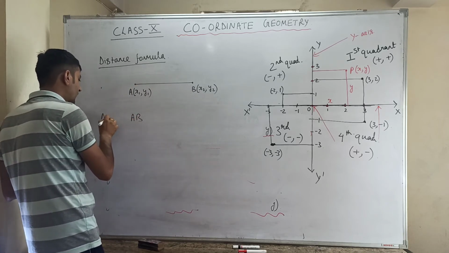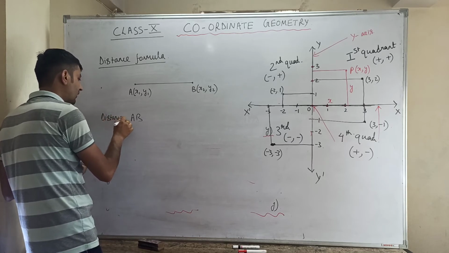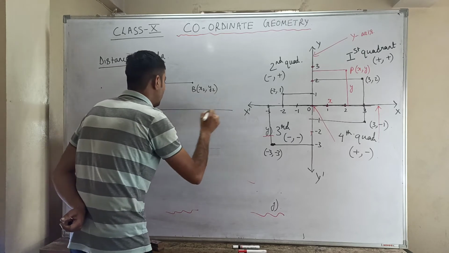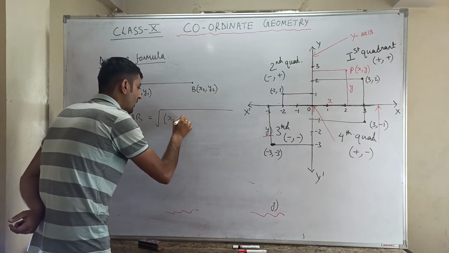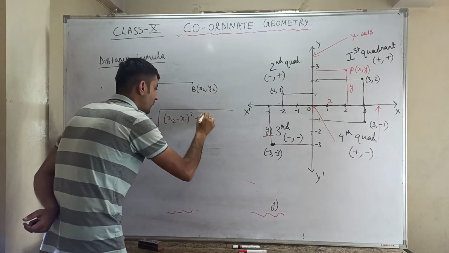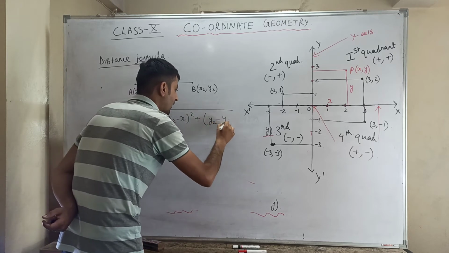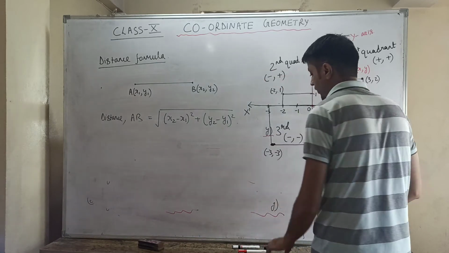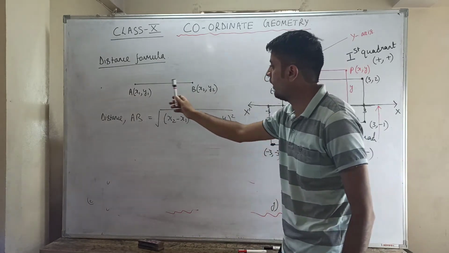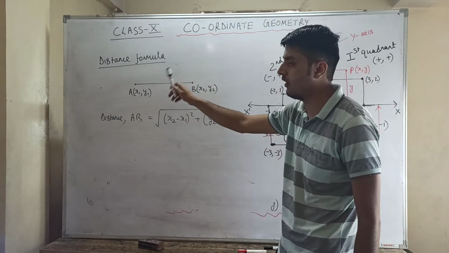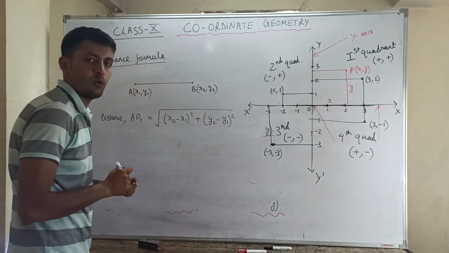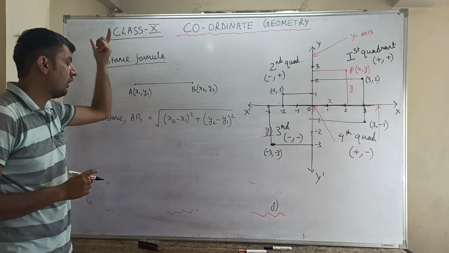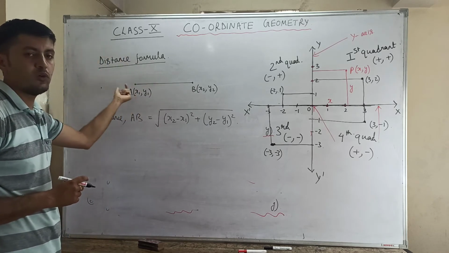Your distance AB is equal to root over, the formula is, x2 minus x1 whole thing square plus y2 minus y1 whole thing square. So this is your formula for the distance. Kindly note it down. This helps you to calculate the distance between the 2 points.